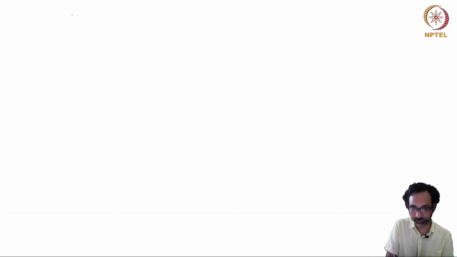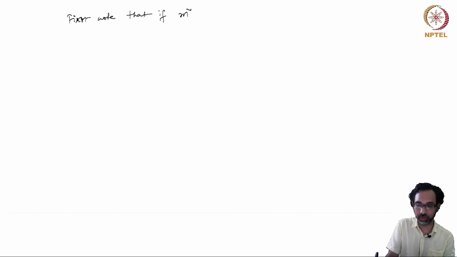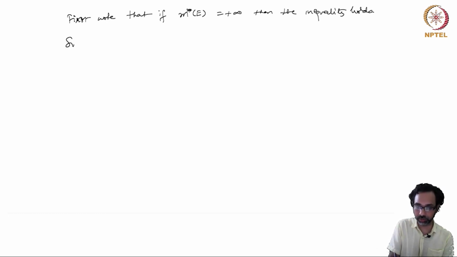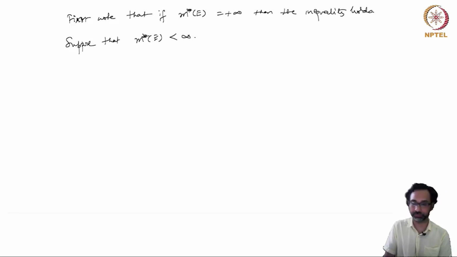To show this, first note that if m star E is infinite, then the inequality holds trivially. Equality holds. So suppose that m star E is finite.